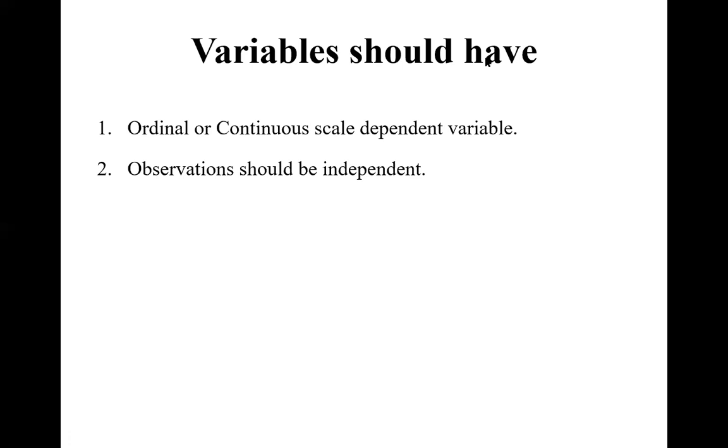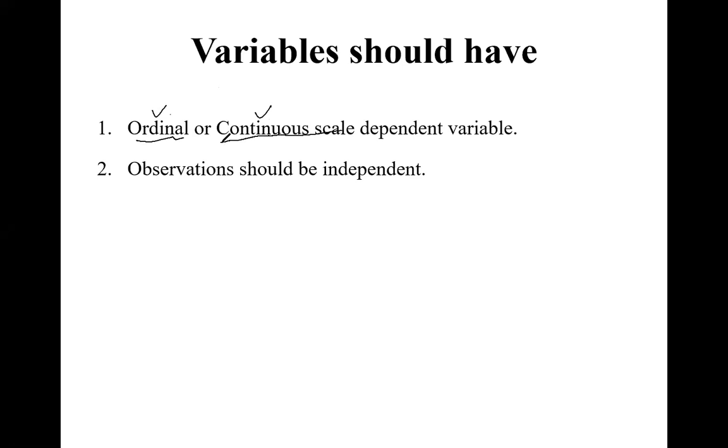Theoretically the data should be ordinal, but the second condition is that data may be on a continuous scale. Because if my data is ordinal, there is no need to convert it; we directly use the non-parametric test.